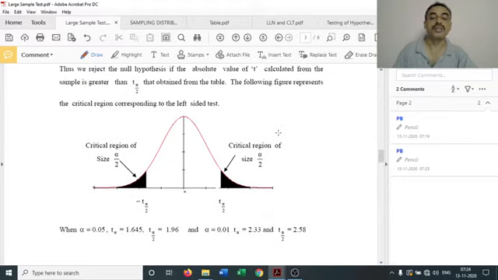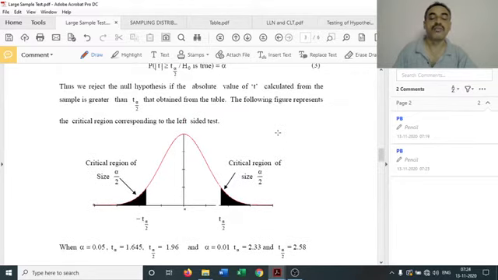Here the logic is that the total significance level alpha has been divided into two equal parts. In the left side, minus t alpha by 2 or lesser is the critical region, and its size is alpha by 2, and the right side also has the same size, and the critical region is t alpha by 2 to infinity, so that the total area, or total freedom given for rejecting a true hypothesis, will be alpha by 2 plus alpha by 2, which is alpha.